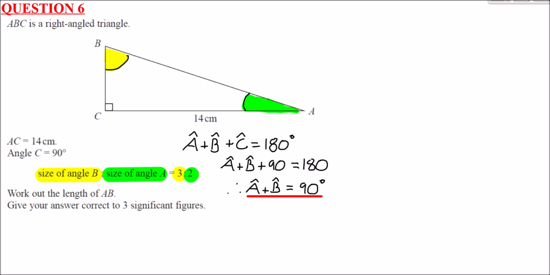So what we now need to do is use this ratio fact that angle B is going to be 3 for every 2 that angle A is. So angle B to angle A is 3:2. So we can now construct this using a ratio table or something similar.